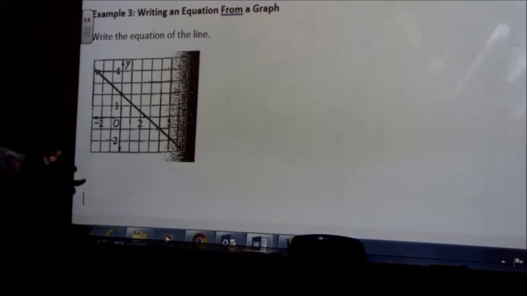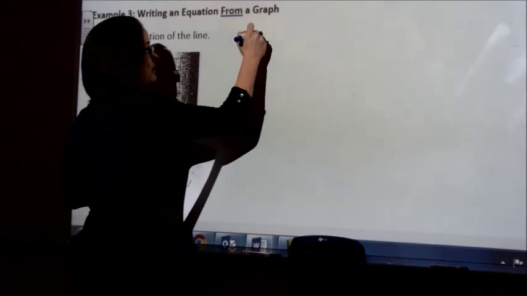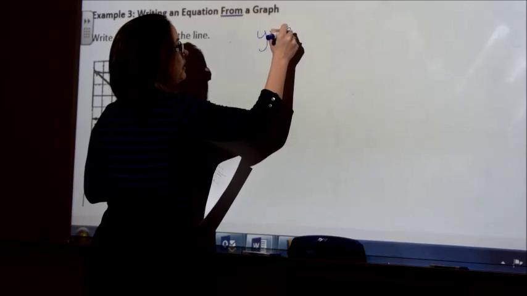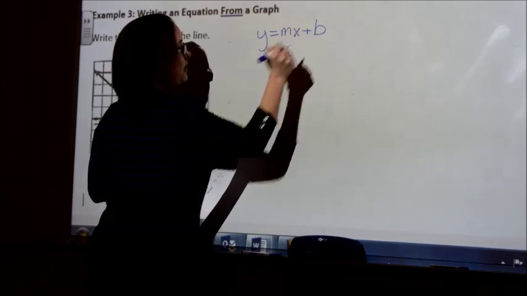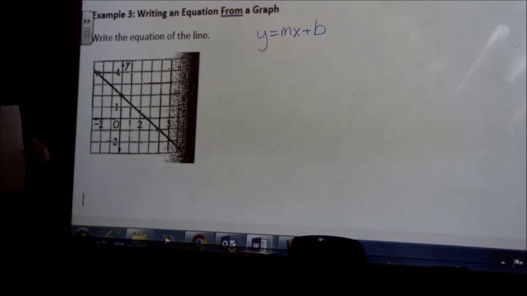So in example 3, we're going to write an equation from a graph. Here we're given a graph of a line, and we're asked to write an equation of this line. So how are we going to do that? We're going to use our slope-intercept form, and that is y equals mx plus b. And we're going to try to find m and b.